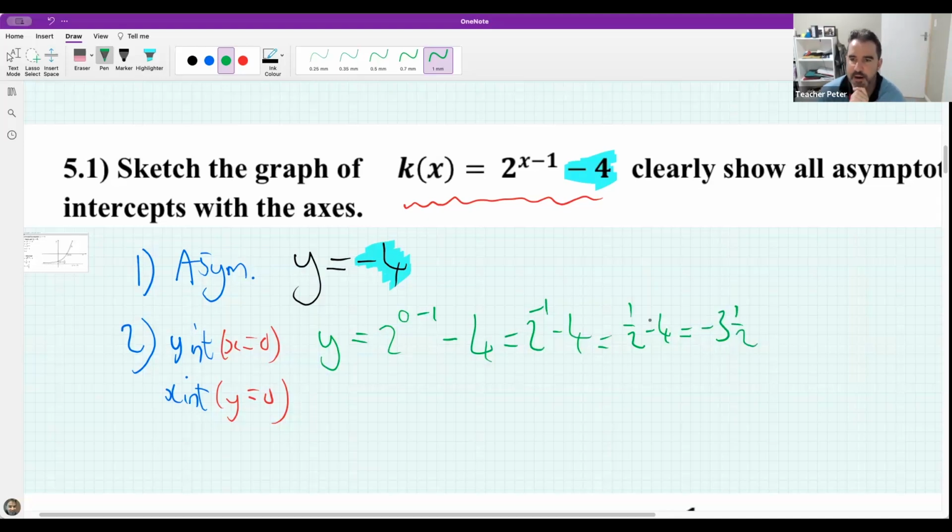So I get -3.5 for my y-intercept. That wasn't too bad, but now finding the x-intercept, I'm going to give you a bit more time. What did you get for that?